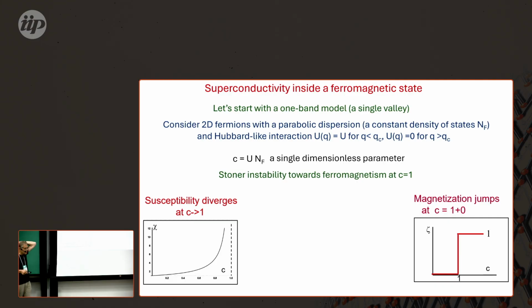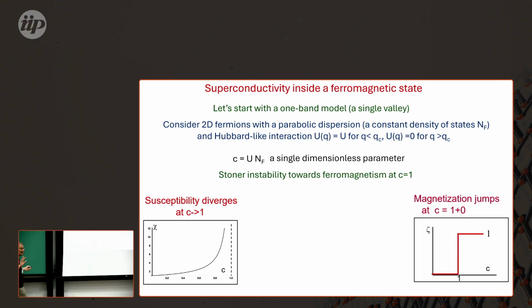If you have a large cutoff, you basically have corrections which substantially reduce the interaction U compared to what you have in mean field. And then you have no condition for Stoner instability. But the reduction depends on the cutoff. The smaller the cutoff, the smaller the reduction. So this is how I think you can go back to this picture.